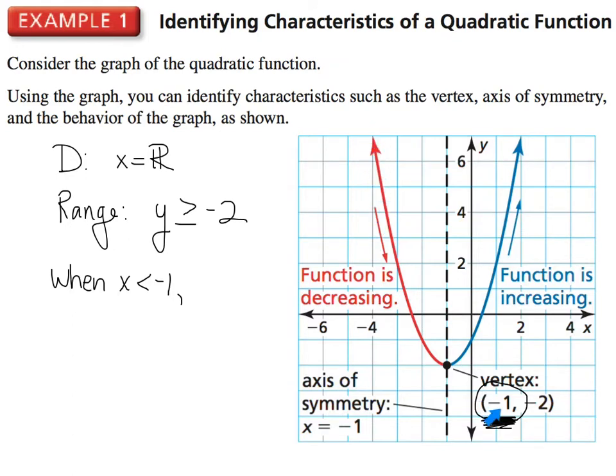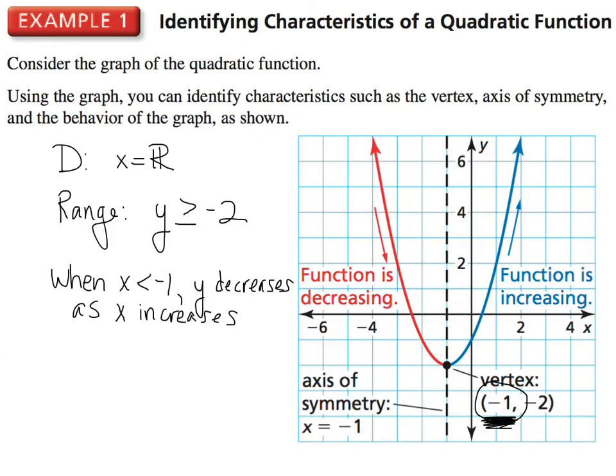So when x is less than negative 1, y is decreasing. But you have to make sure that you tell me what we're doing, because y could actually increase if you're going this way. So here's what we've got to look at. I'm going to tell you the direction that we're going. So I'm going to say when x is less than negative 1, y decreases as x increases.